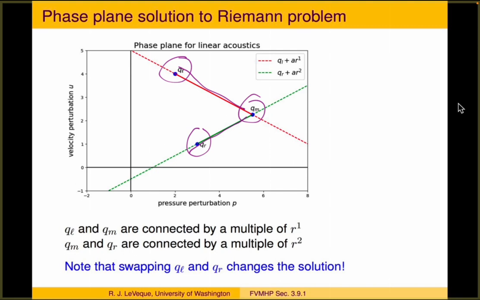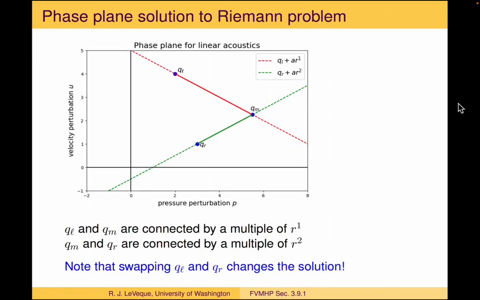And so we would end up with a different location for QM if we interchange QL and QR. So if you go back and forth between those two states, it depends a lot what order the states are in, and making sure that you order the eigenvalues properly in order to get the right solution here.